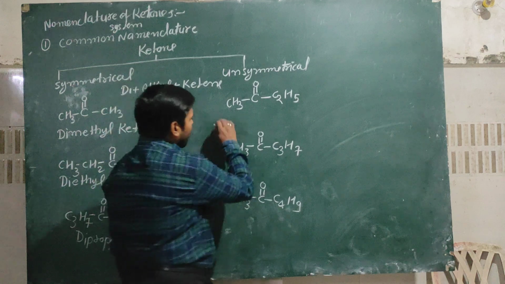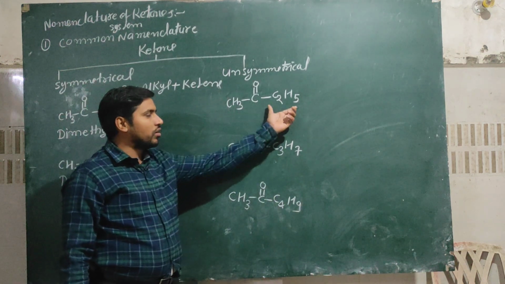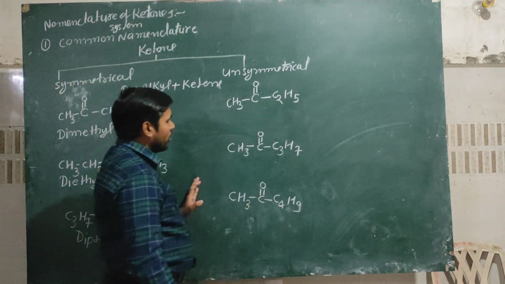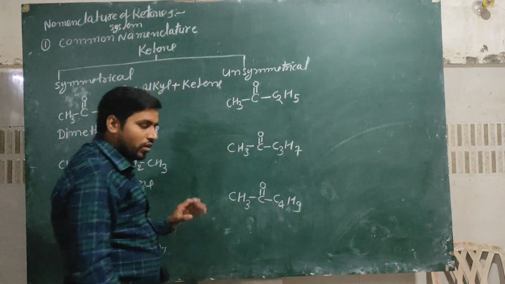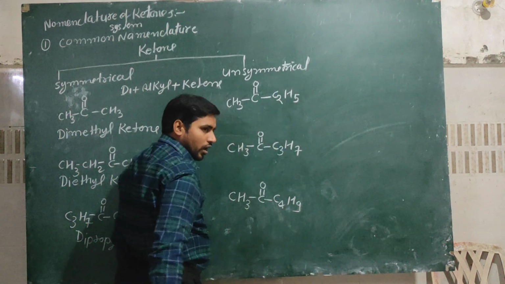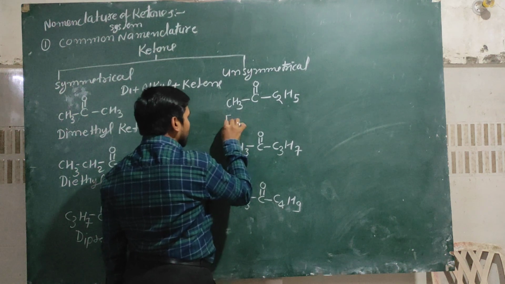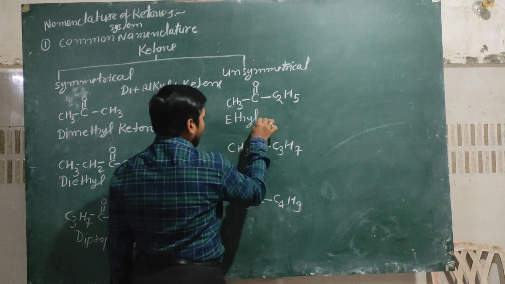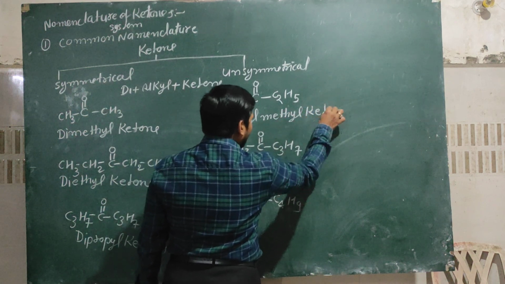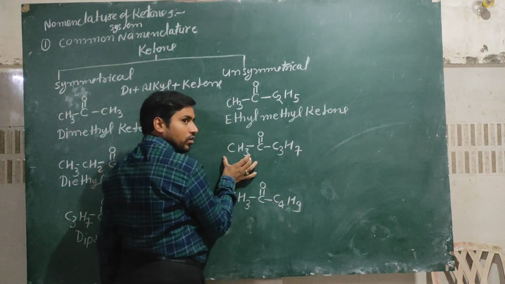So while naming such ketones, we try to understand the alphabetical order for the naming of the alkyl groups. Here ethyl and methyl, so its common name is ethyl methyl ketone. Next, it is propyl and it is methyl.